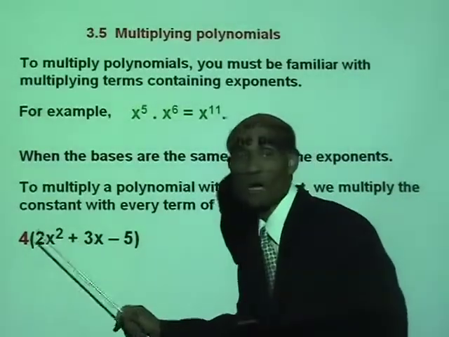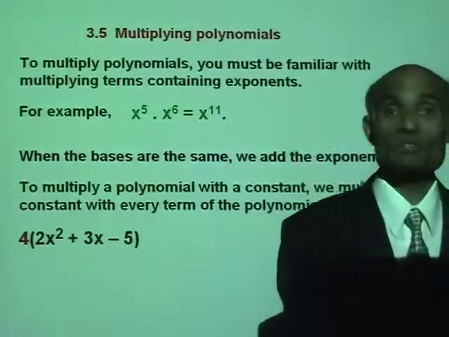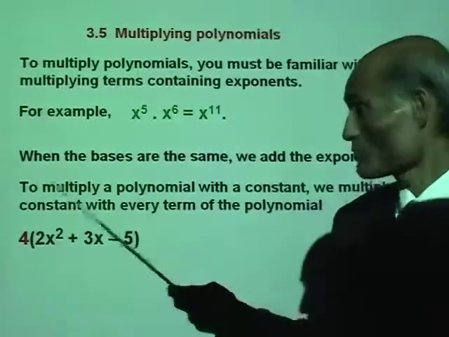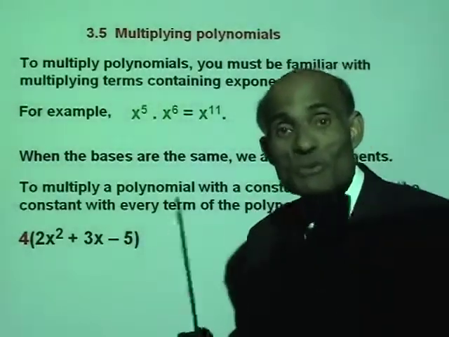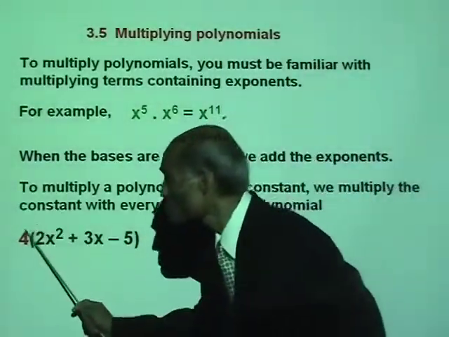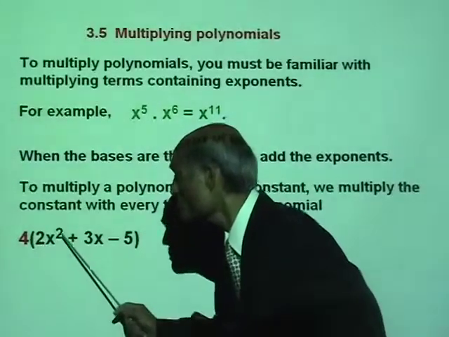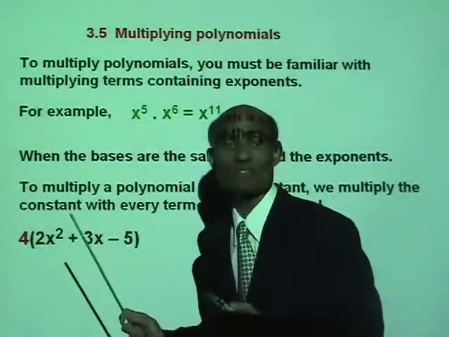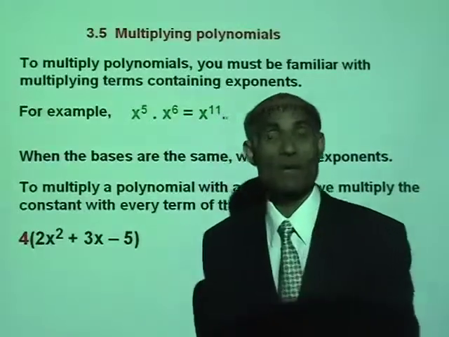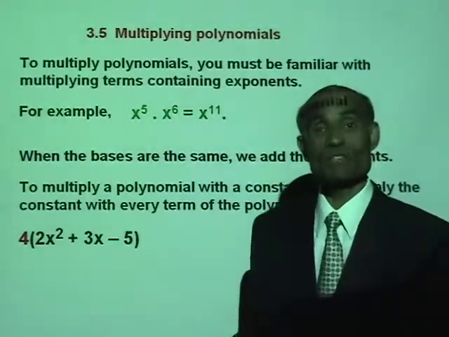In order to multiply this, well, you know how to do this. Distribute. All we need to do is distribute the 4 into the terms inside the parentheses. That is how you multiply a polynomial with a constant.